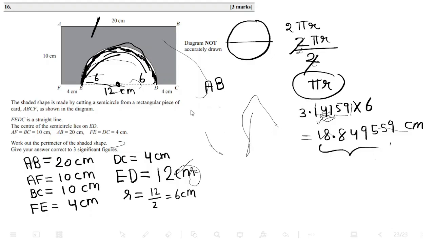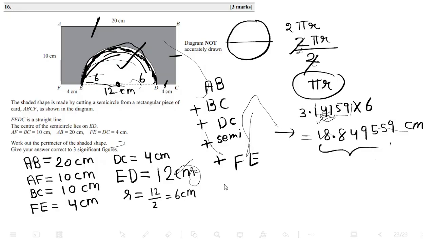After that we take BC, then we add DC, then the semicircle which we have already calculated, and after the semicircle we add FE, and after that AF. This is how the perimeter will be calculated.